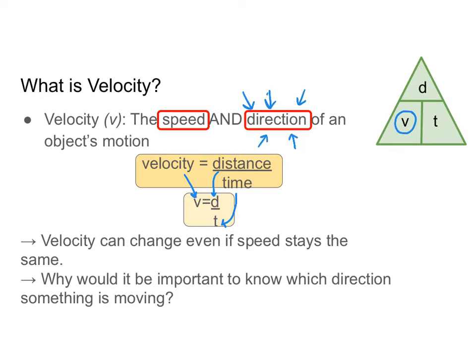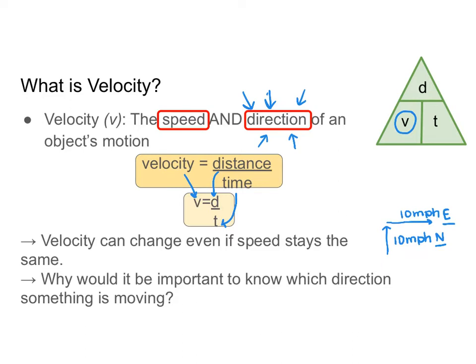So if we're going, let's say, 10 miles per hour north, and then we do a real quick turn and we're still going 10 miles per hour, but now we're going east, our speed hasn't changed. The speed would be the 10 miles per hour. But our direction has changed. We started out going north and then we went east.